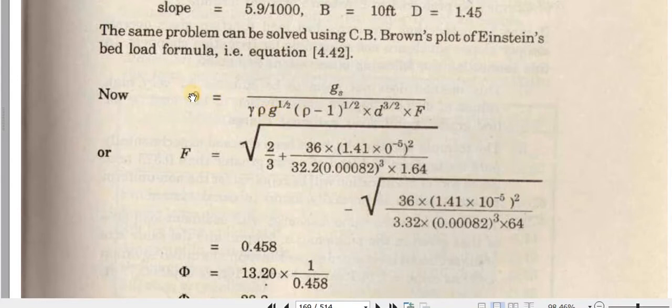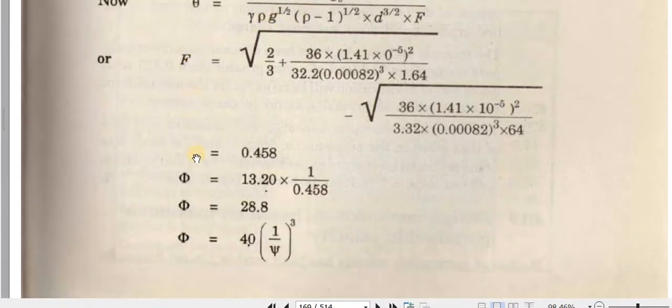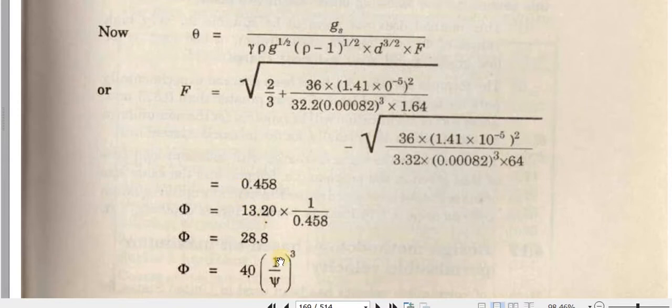We will calculate theta, and if theta is 28.8, we have to enter here. So theta is 0.458. We have to enter theta in this equation of phi.